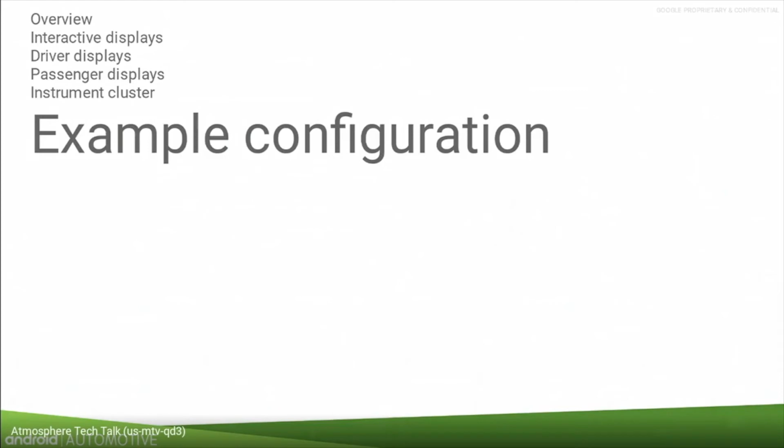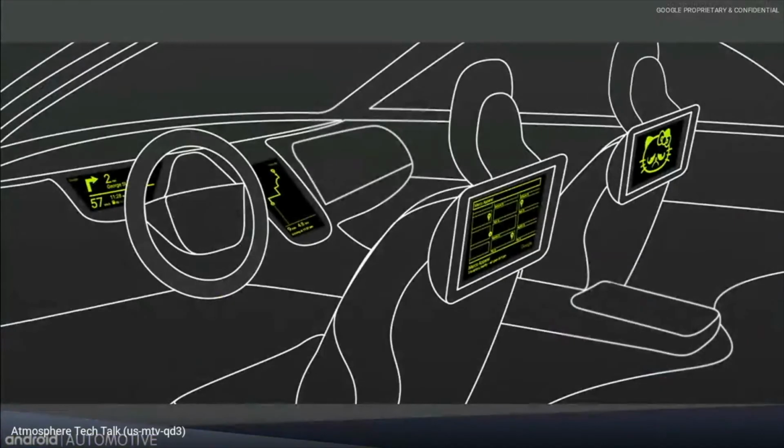Let's take a look at an example of the configuration of a car and describe all the configuration options that you can use to support it. Let's say that our car has a central driver display, an instrument cluster display that provides some information from Android, and two rear seat screens.